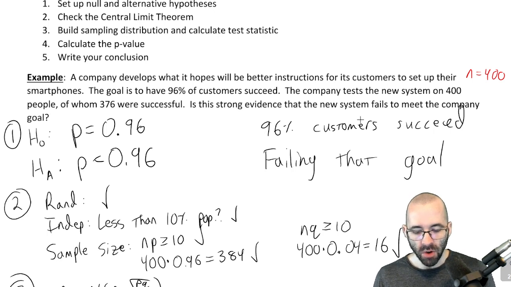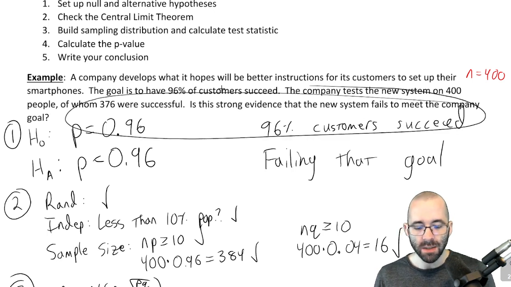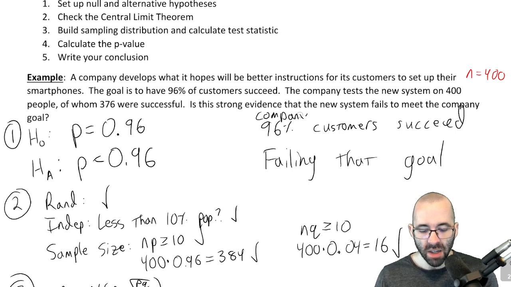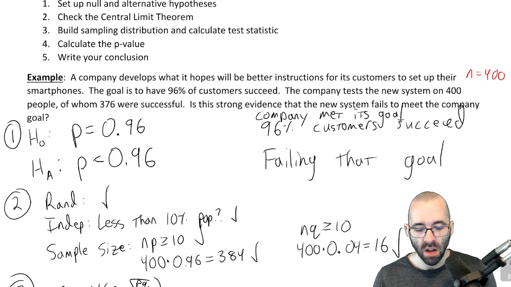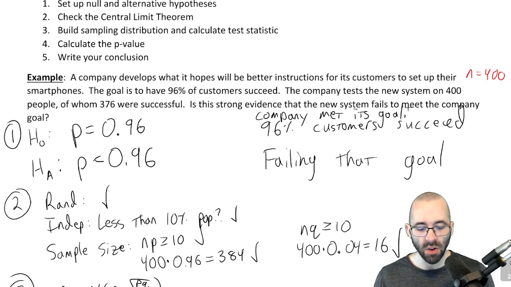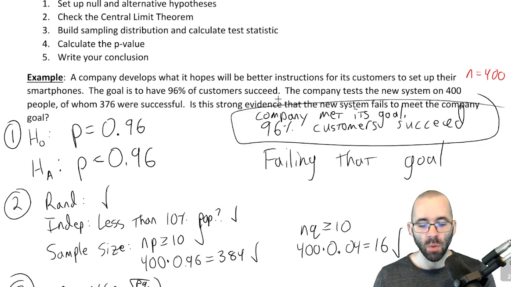Our null hypothesis was that 96% of customers are succeeding. Our null hypothesis, and maybe this is where the wording is more important, was that the company met its goal. We were trying to test whether they failed that goal. So when we say reject the null, we're rejecting this.